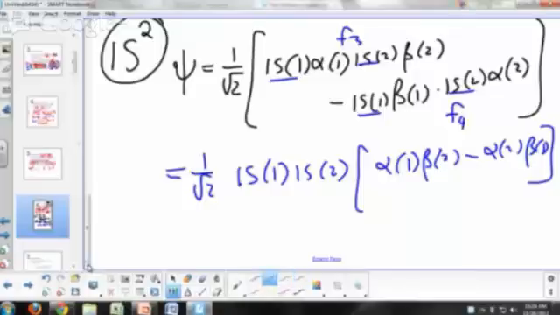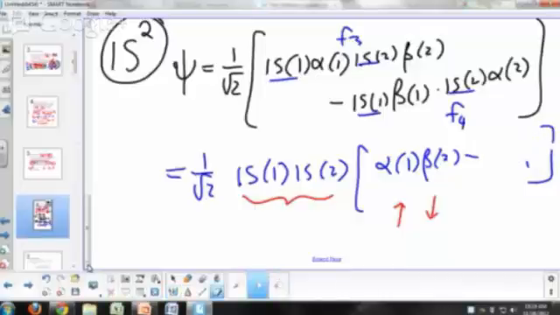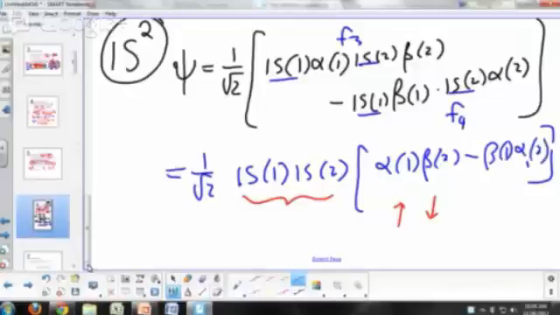Both electrons are in the 1s orbital. There's a 50% chance electron 1 is spin up, electron 2 is spin down, and let me rewrite this as beta 1, alpha 2. And there's a 50% chance that electron 1 is spin down, electron 2 is spin up. And that minus sign there is what makes it antisymmetric.